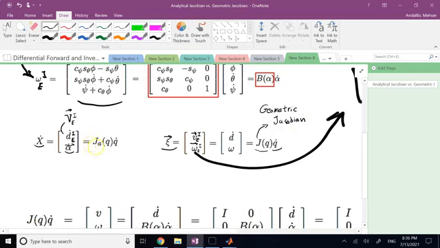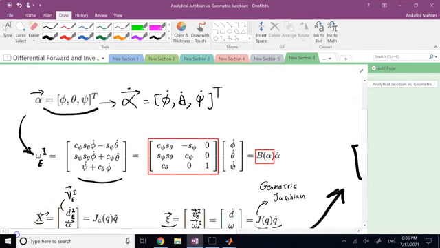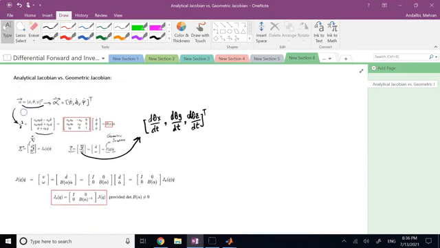I can also define a similar Jacobian for this new end-effector velocity vector, this x dot, where clearly here x means what? When we say capital X, this capital X here is what?